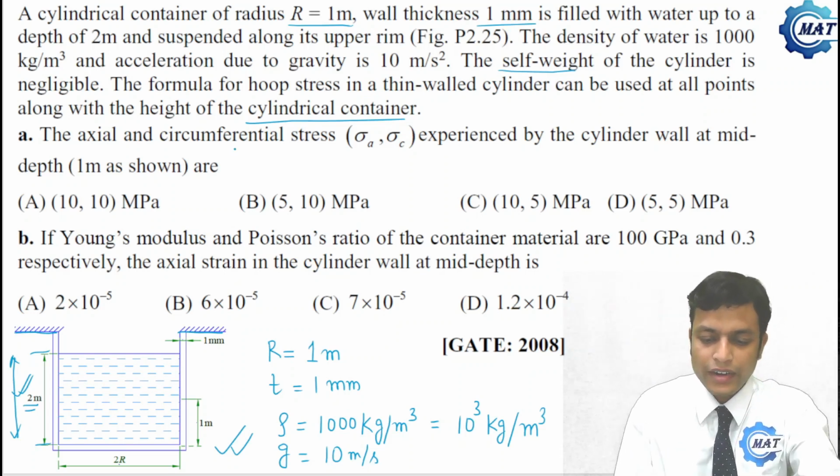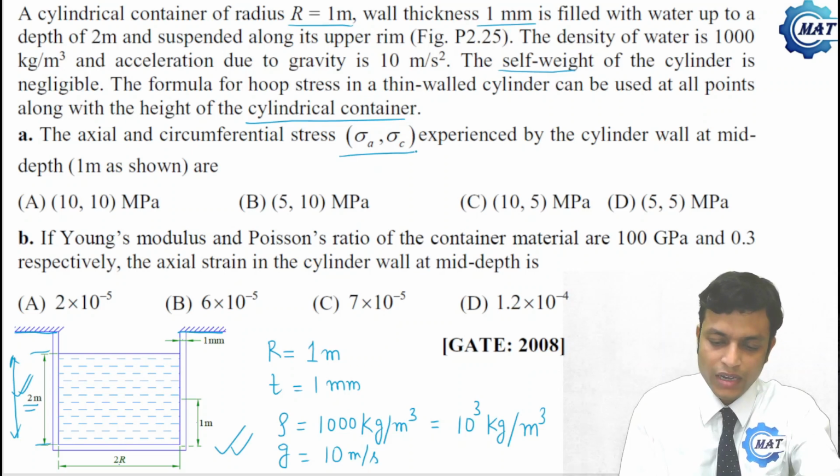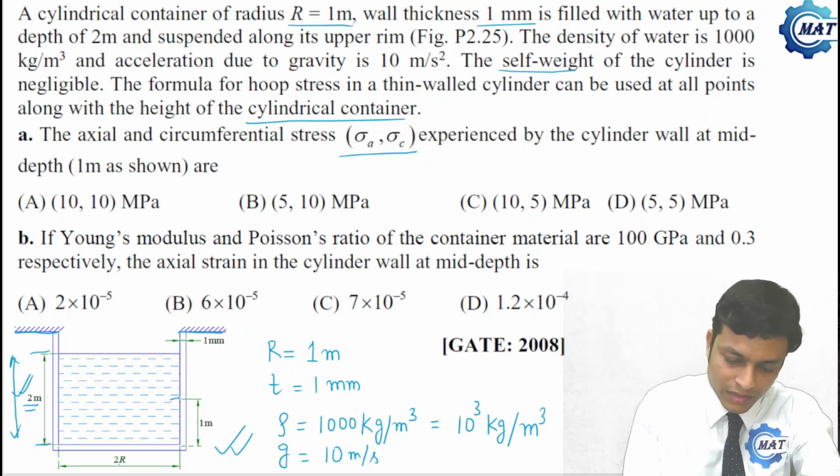Axial and circumferential stress, that is sigma A and sigma C, experienced by the cylinder wall at mid depth 1 meter. Where is mid depth? Say this is mid depth, which is 1 meter. This is also 1 meter, because total depth is 2 meter.